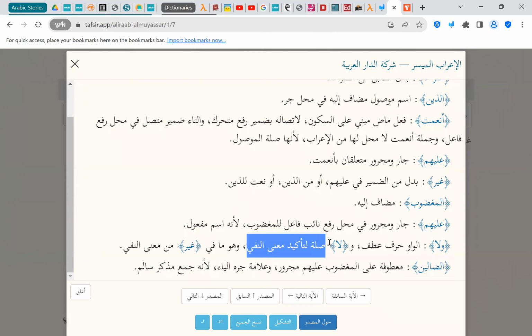Sometimes you can come across things that you don't really understand. But in any case, this whole combination is ataf, and it's connecting to what came before that.